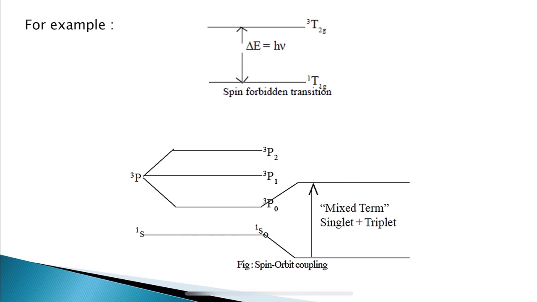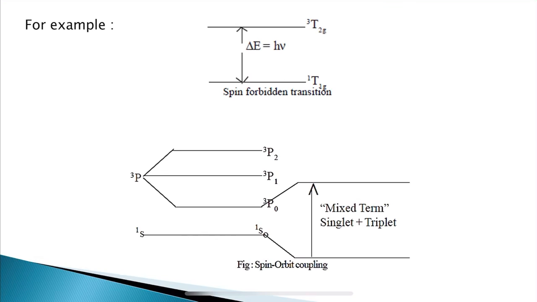Since the resultant angular momentum, which we call J, of 3P0 and the ground state 1S0 is the same, these two states will combine or mix to produce new states. One new state will be a little below, formed by 1S0, and the other will be a little above, formed by 3P0.